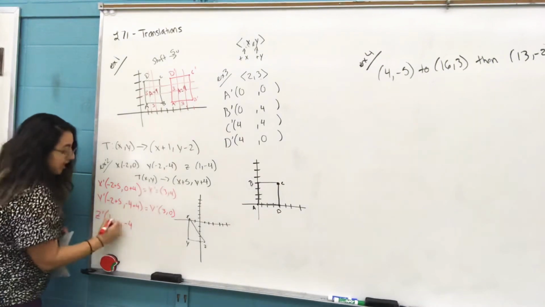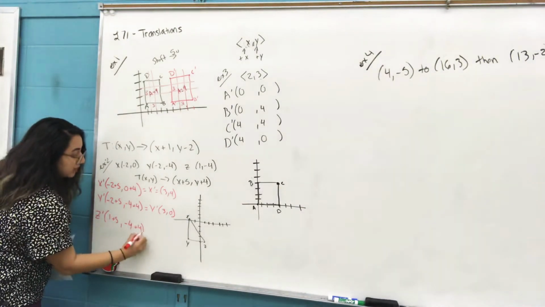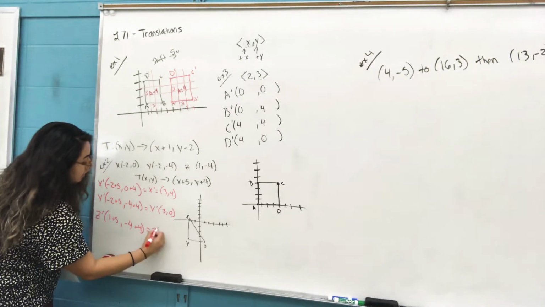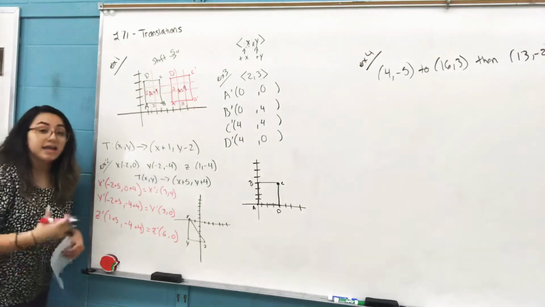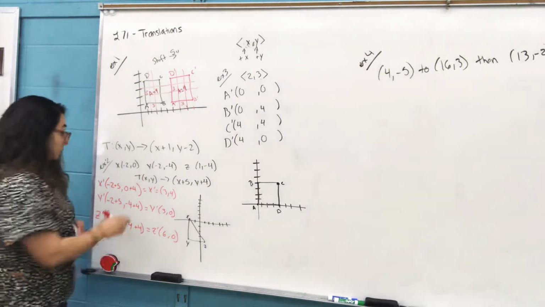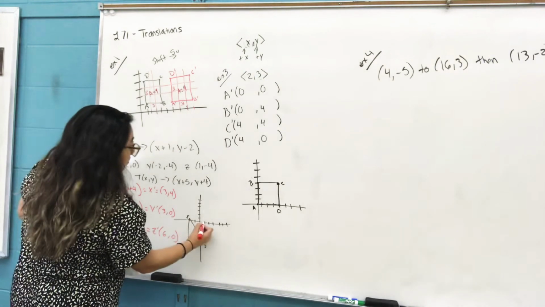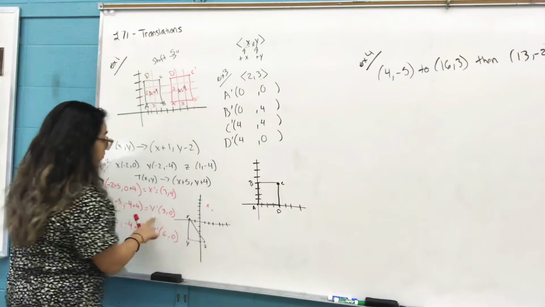They want us to add 5 to the x coordinate and add 4 to the y coordinate. And for coordinate z, we get 6, 0, and that is our new translation. Again, if I were to draw it so you can see it more, I have 3, 4 for x, and my y is 3, 0.